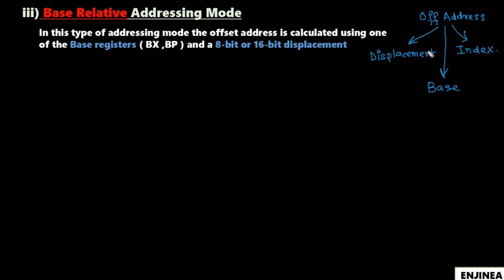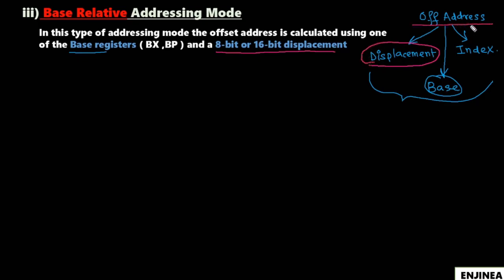And I told that this offset address can be calculated by a combination of any of these three elements. So in this case, the base register and the 8-bit or 16-bit displacement will be combined to find the offset address of any particular location inside our memory.